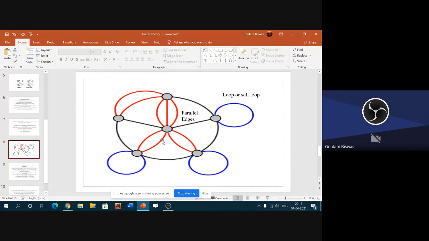These three are parallel, these two are parallel, these two are parallel, these two are parallel. That is, edges originating from this vertex and incident on this vertex, several like this. So all these are parallel edges.